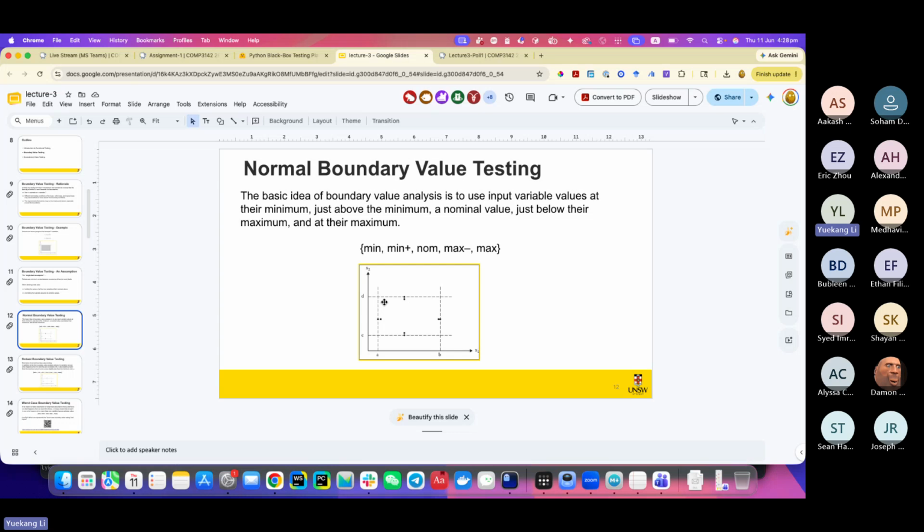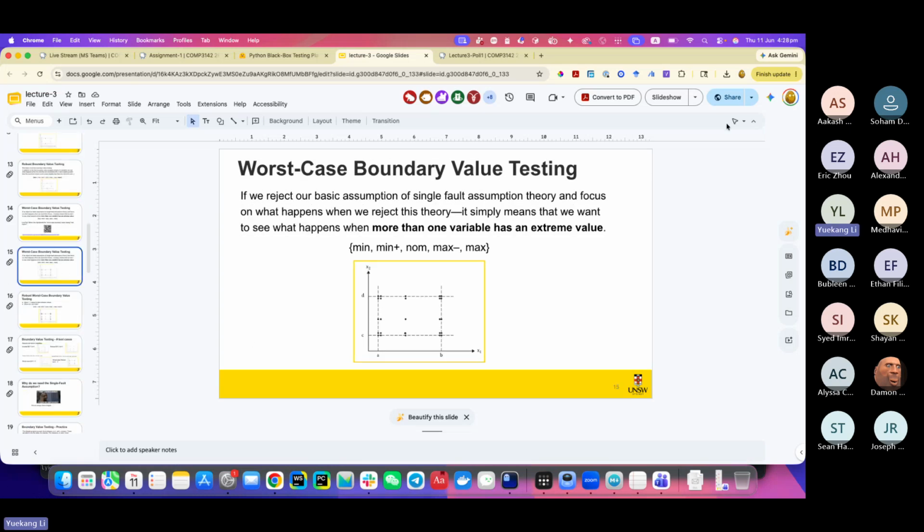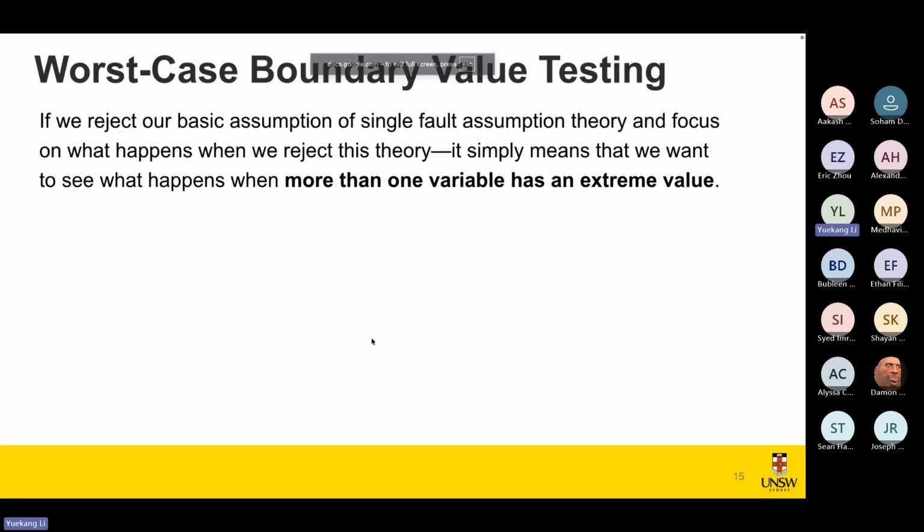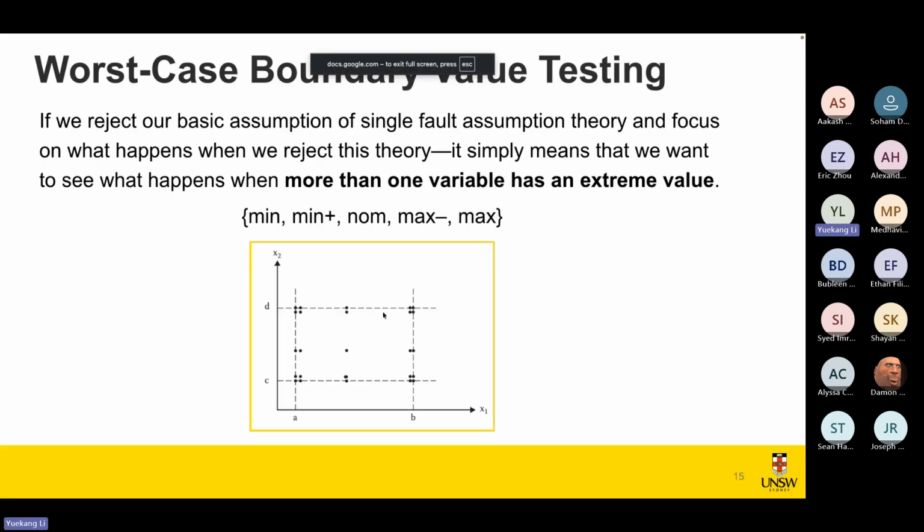So in this case, if we allow both values to take extreme values, then we can occupy the corners here. So this is how it looks like if we do a worst case boundary value testing. So we still take values from this value side, but we allow both values to take the extreme values.